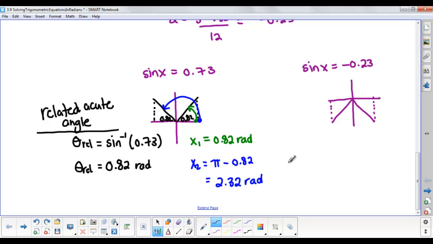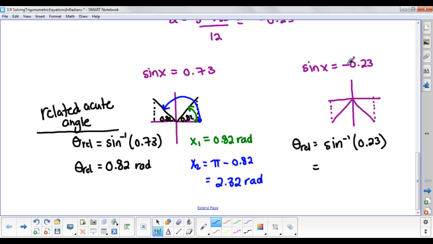In order to find the related acute angle, we're going to do sine inverse this time, but it's always a good idea to ignore the negative sign here and always do the sine inverse of whatever the positive is. The reason that we're ignoring the negative is because we just want to know what the related acute angle is.